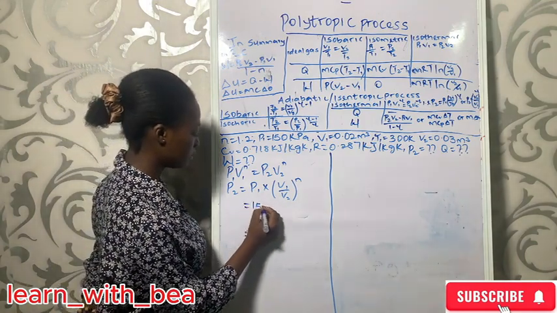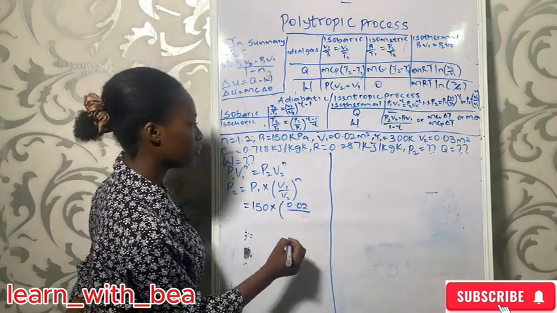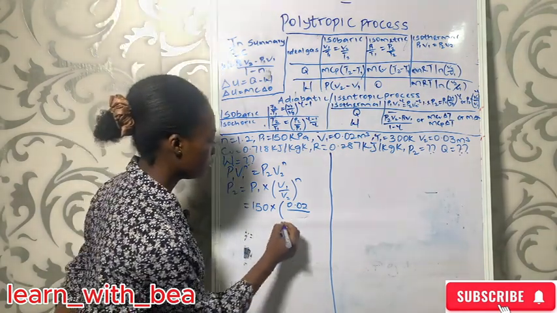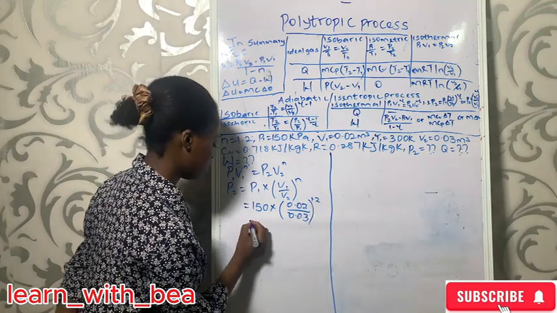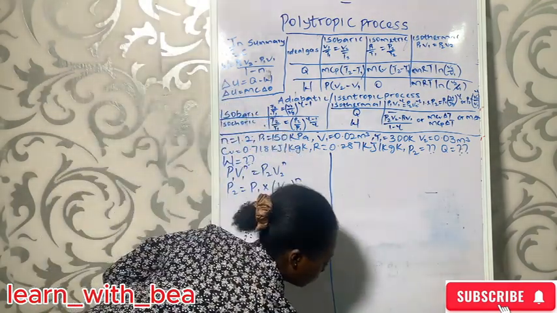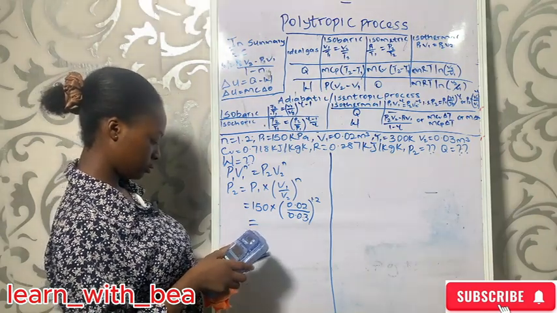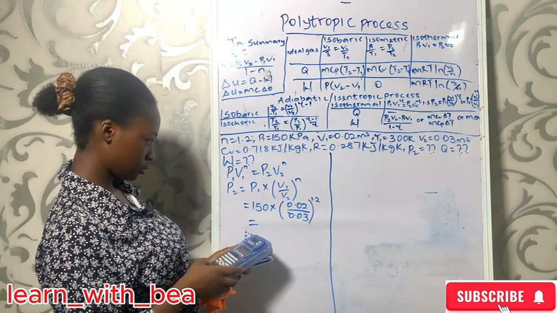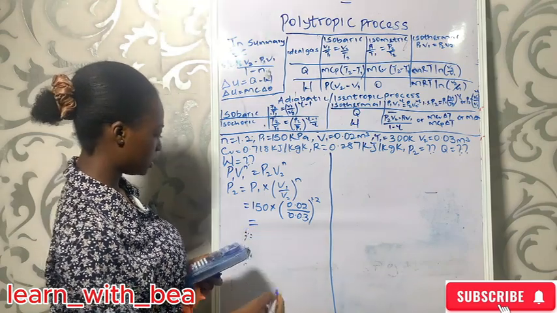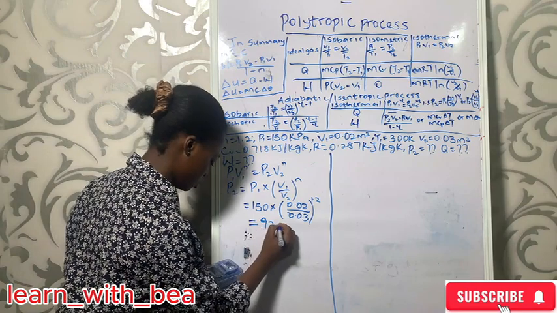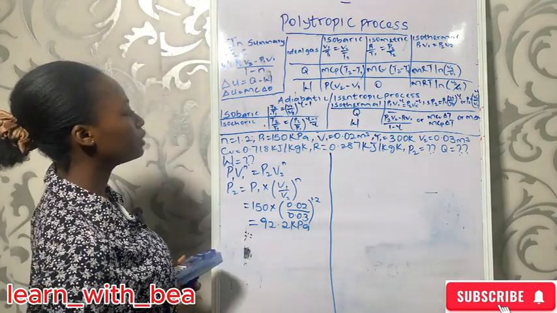P1 is 150, V1 is 0.02, V2 is 0.03, and n is 1.2. Calculating this gives us 92.2 kPa.